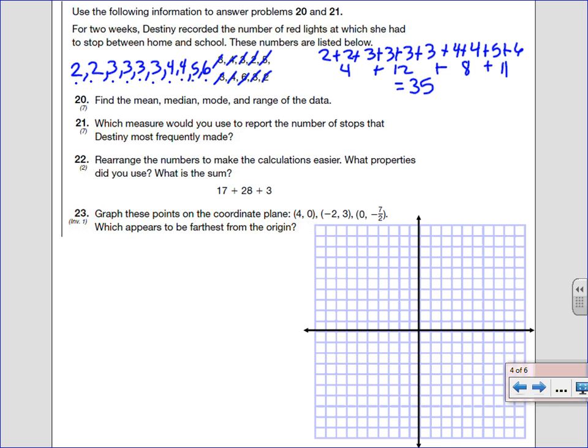And I have 10 total numbers. When I divide by 10, all I do is take the decimal point and move it one place over. So 35 divided by 10 is 3.5. So my mean is 3.5.